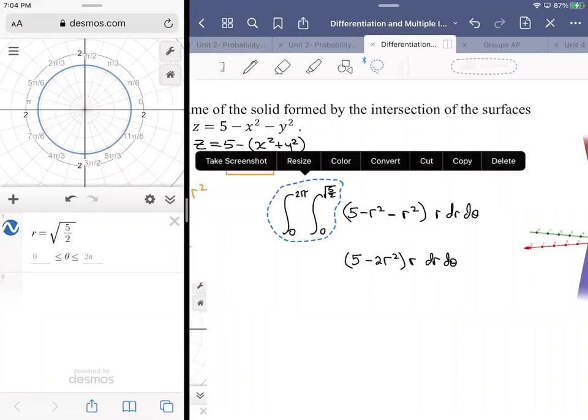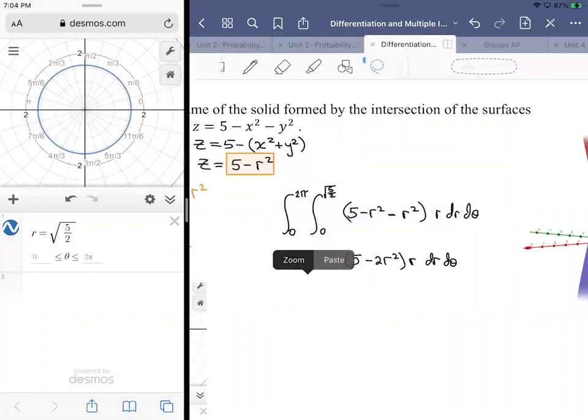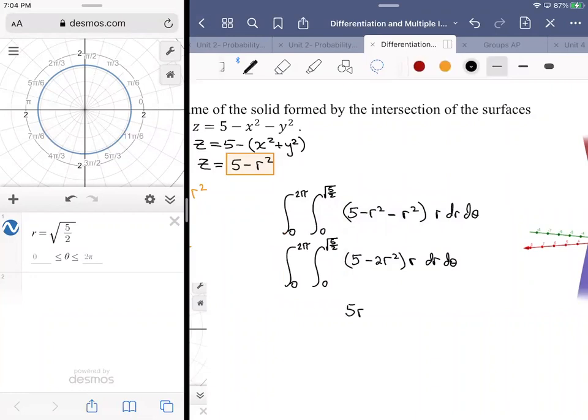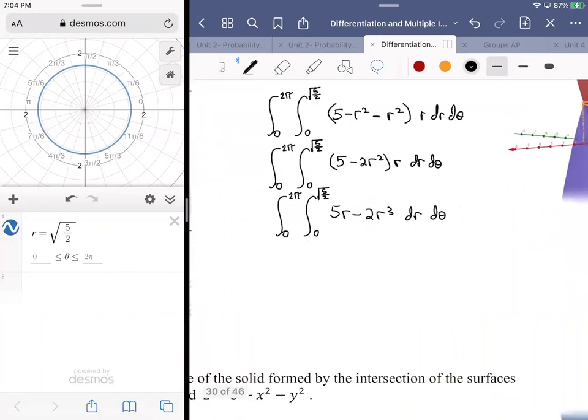All this stuff is coming along to the right. So 5r minus 2r cubed dr d theta. Increase the exponents by 1, I have a new exponent. 5/2 r squared minus 1/2 r to the fourth.